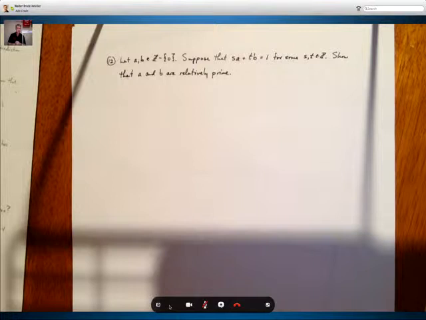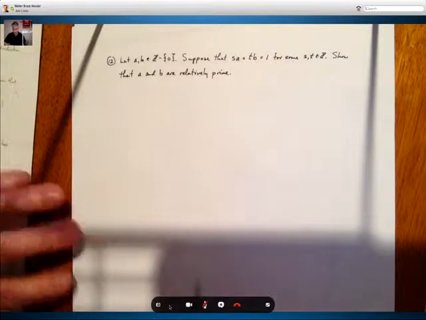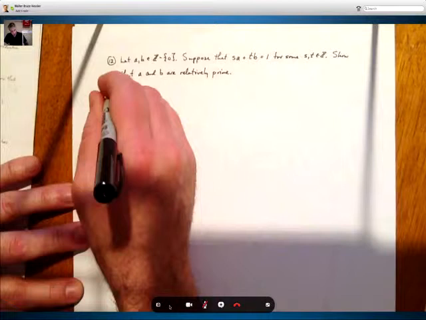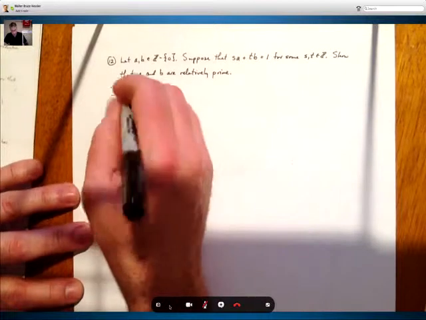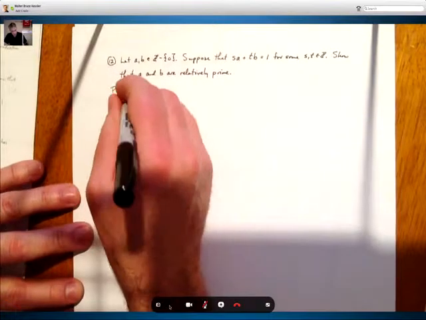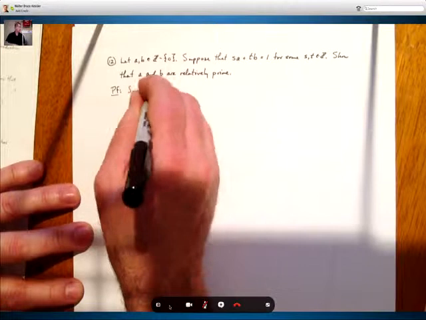It might be easier to do this by contradiction. Say, suppose they aren't relatively prime, and then show that if this holds, something crazy happens. So that's going to be the route that I take on this.